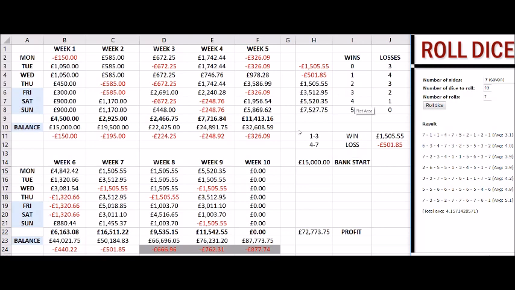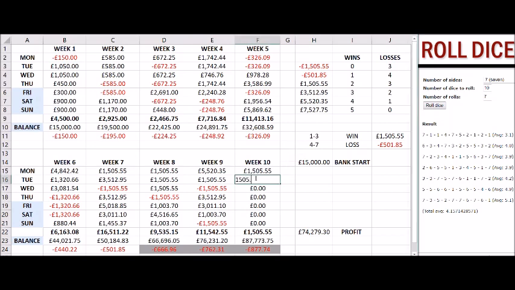2 wins, 1505.55. Another 3 wins there, 3512.95. Then 1505.